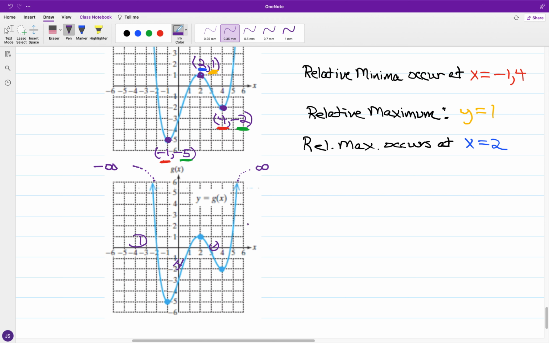So you have another decrease, and then once we get past the second relative minimum value, we have the rest of the activity where the function g of x is continuously increasing.